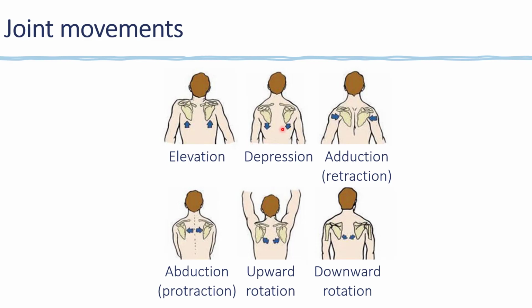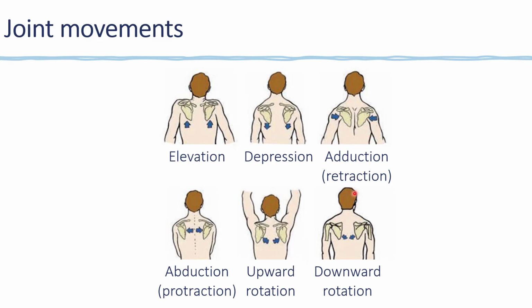Protraction and retraction, so these two movements here and here, those are movements in the sagittal plane. So protraction, which is also called abduction, would occur when the scapula moves forward. So when you're bringing your shoulders forward, whereas retraction or adduction occurs when the scapula moves backwards.